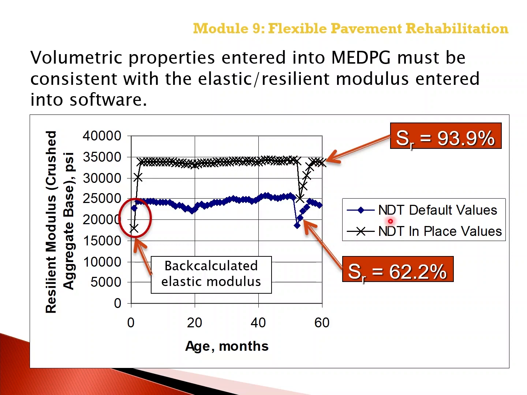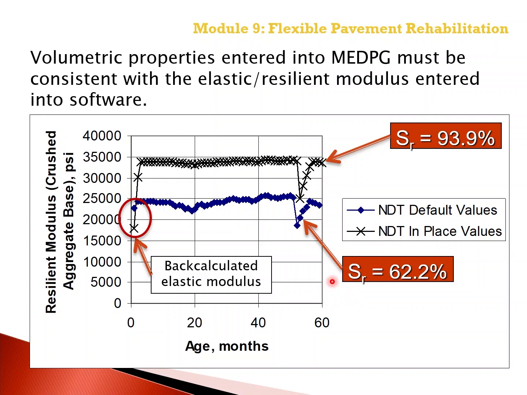pavement. Conversely, if we start with the default values, with one that's about 24,000 psi, and we're using the default value of water content, which is about 62% degree of saturation, then the program may not increase it as much over time.